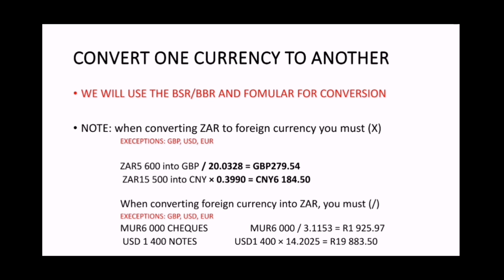It is important that you take note of this, find a way to summarize this slide, and remember how it works, because this is the major thing that you are going to be tested on under foreign exchange.